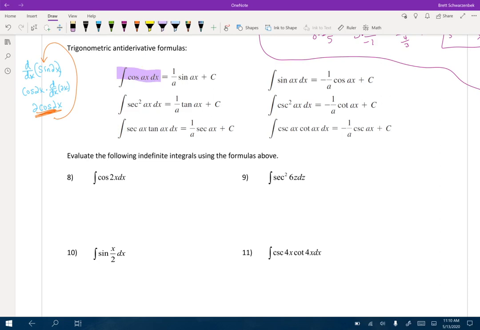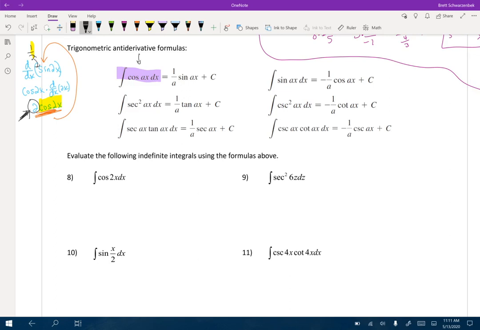If this 2 is not present, which it isn't here, and I need to go back to sine 2x, then I have to have a 1/2 present in order to make this work. Hopefully you see that, because the chain rule creates that constant in the front. So if I'm just finding the antiderivative of this, there's got to be a 1/2 somewhere over here that's going to make this work.